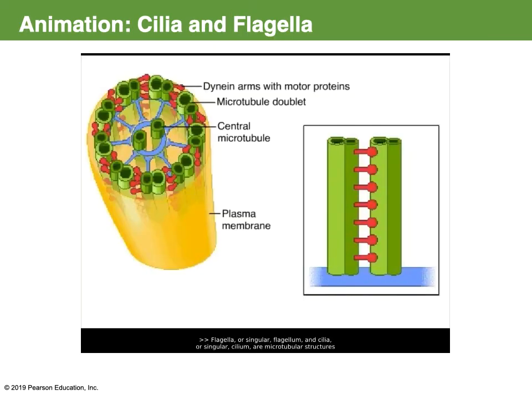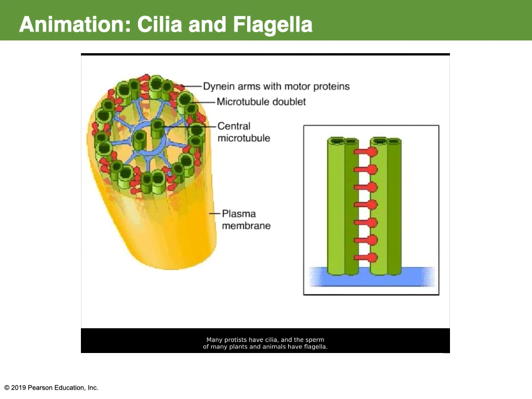Flagella, or singular flagellum, and cilia, or singular cilium, are microtubular structures that extend outside some cells and that assist in moving the cell or the cell's surroundings. Flagella are much longer than cilia. When a cell has cilia, their number is large, whereas a cell will have few flagella or a single flagellum.